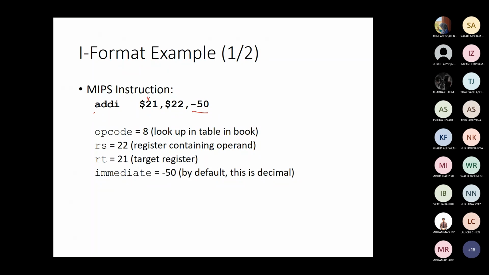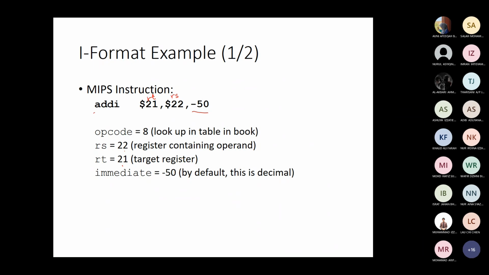And then RS, this is RT, this is RS. 22 here is your source, you need to add it with negative 50 and then store it into register 21. So this is your target. Your RT is 21, RS is your source containing the operand, and your immediate is negative 50. By default, this is decimal.